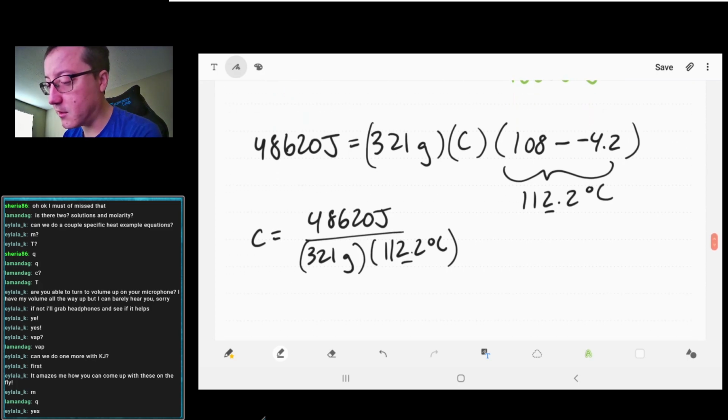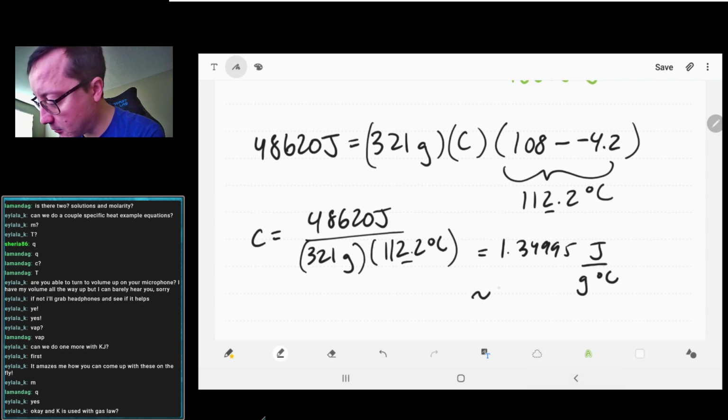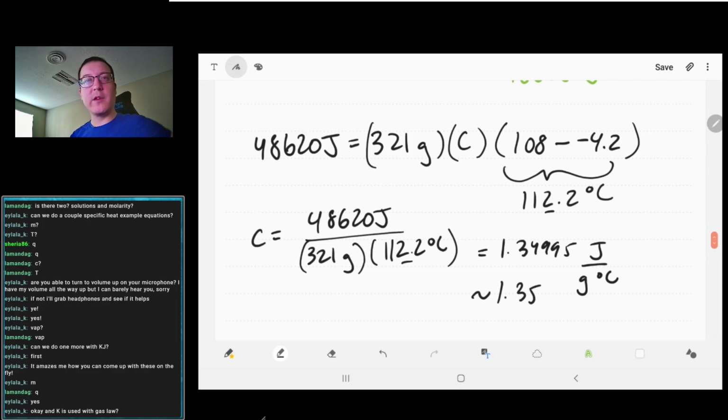Hey, this is actually a reasonable number. That's great. And so that one we get 1.3499 whatever 5 joules per gram degrees Celsius. Looks like we need 3 sig figs, so that would be rounded to 3 sig figs.